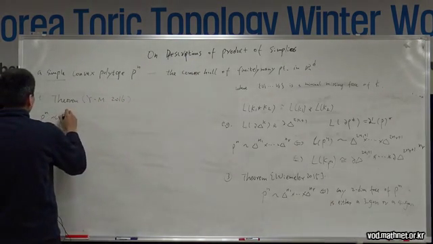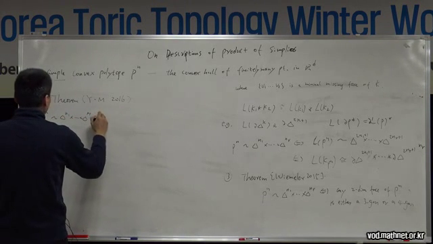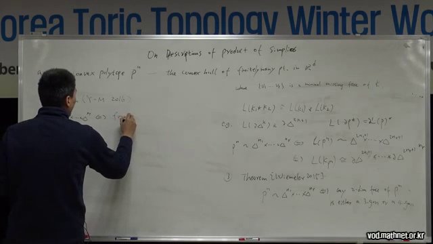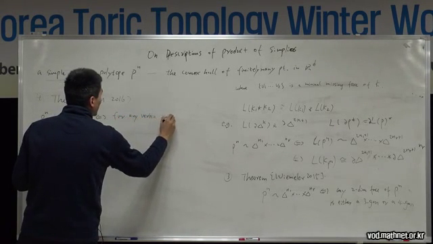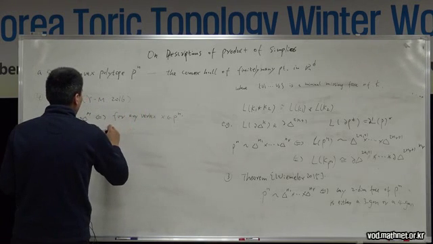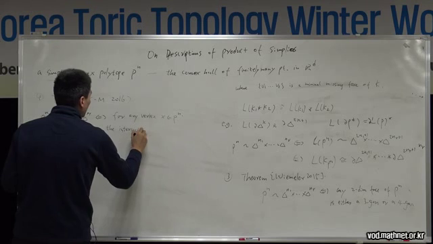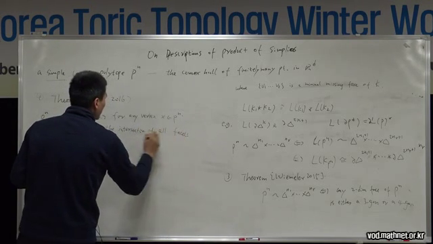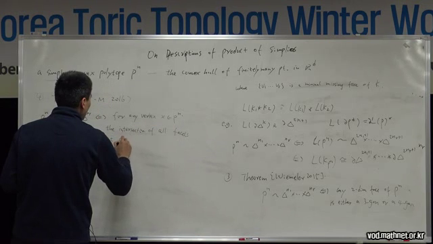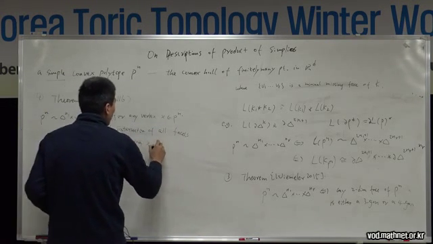Pn is equivalent to a product of simplices if and only if for any vertex x of Pn, the intersection of all facets not containing x is non-empty.